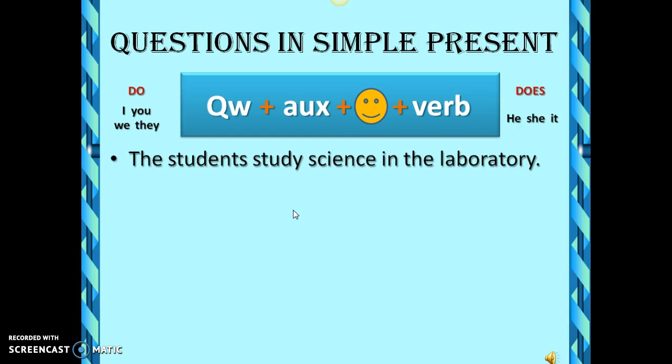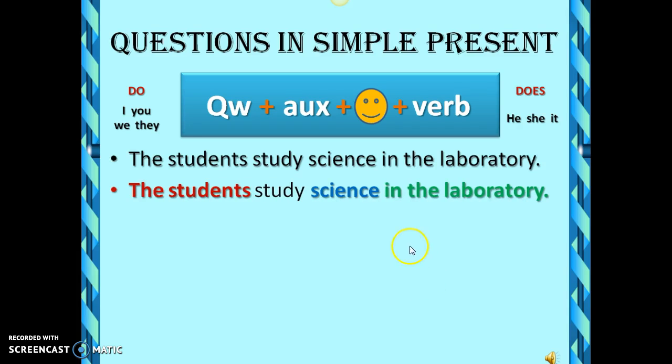So now let's see. Here we have a sentence. The students study science in the laboratory. And here we have another sentence which has three different colors. Why did I write with different colors? Because I want you to look at the question words here.